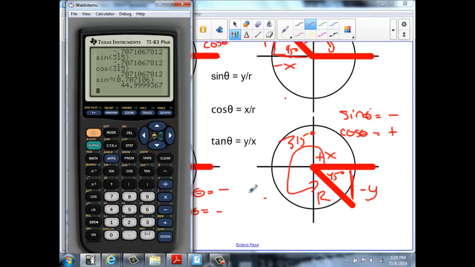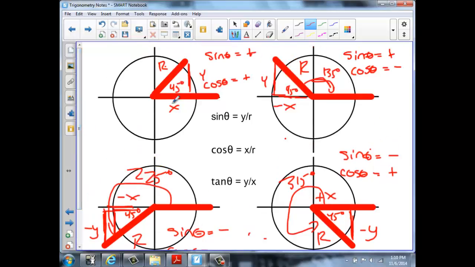But it could have given me 45 degrees right here. It also could have been this guy right here, because this guy was also that same value. And so what happens in your calculator is, when you're looking for an angle, make sure I'm really clear here, when your calculator looks for an angle, it finds an angle. It might not be the right angle.